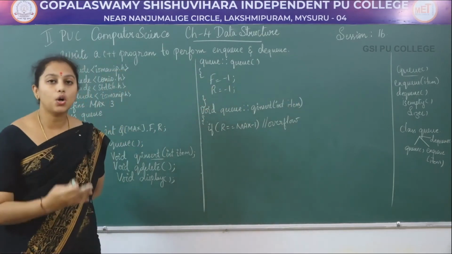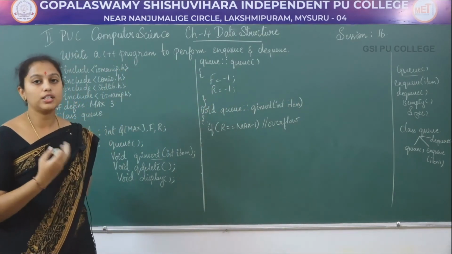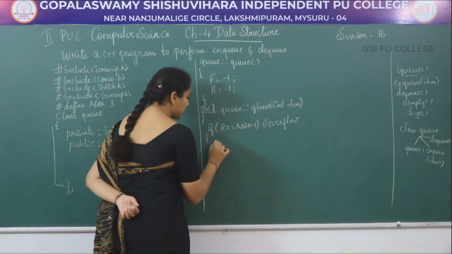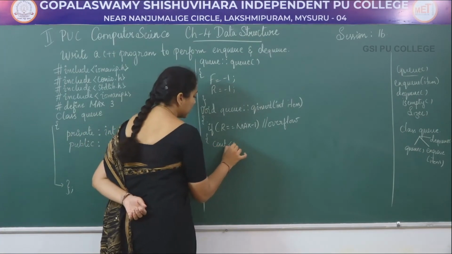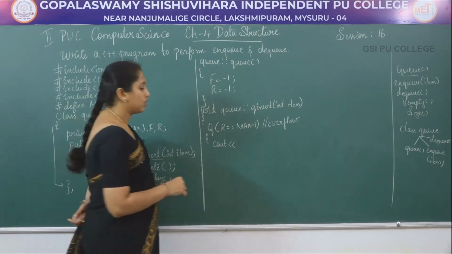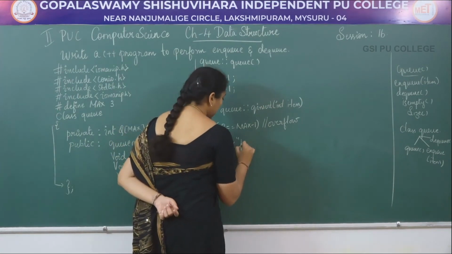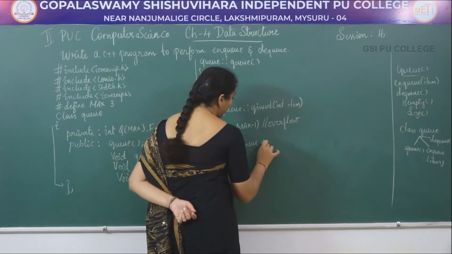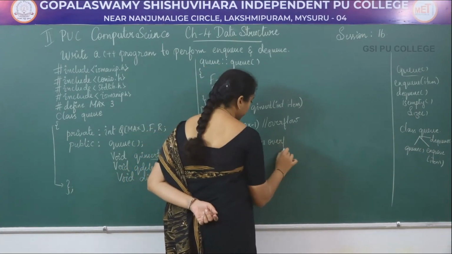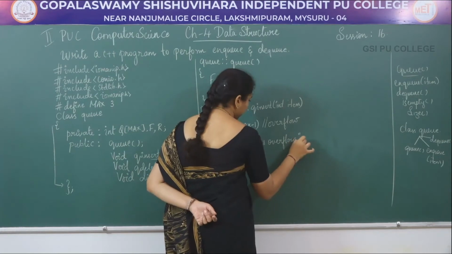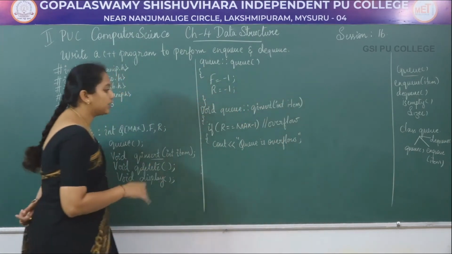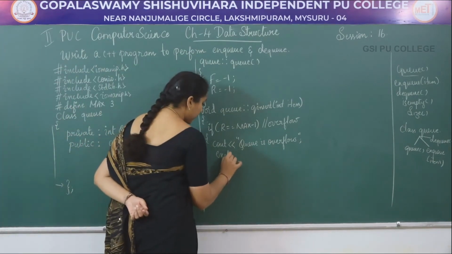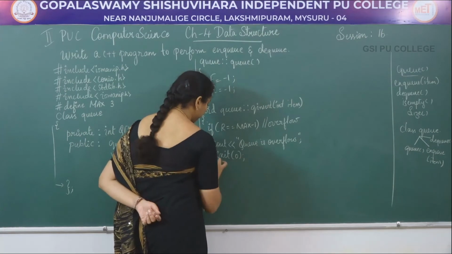If the queue is already in overflow state, we cannot insert any item into the queue. So in this case, we have to display the message using the cout statement. This is the insertion operator. We have to print it as queue is overflow. We have to return from this function.